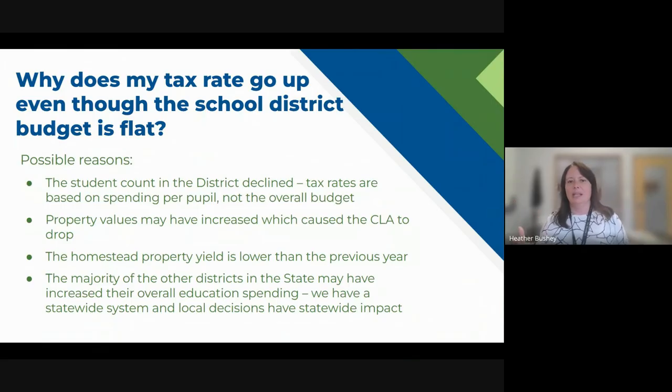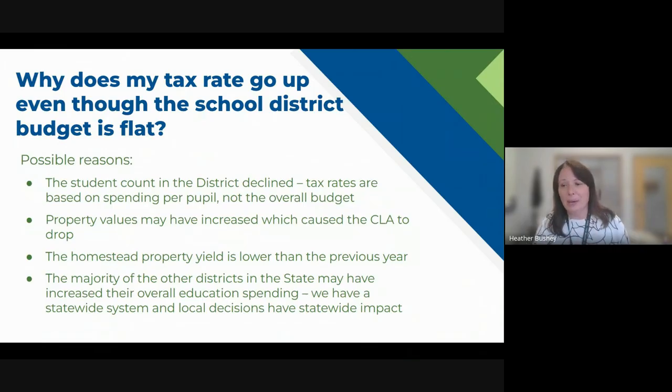Tax rates are based on spending per pupil, not your overall budget. So if your student count changes, that impacts tax rate, even if you spent the same amount of money year over year. Your property values could have increased. That caused the CLA to drop, which made your taxes go up. The homestead property yield could have been lower than the previous year. The yield goes down, taxes go up.